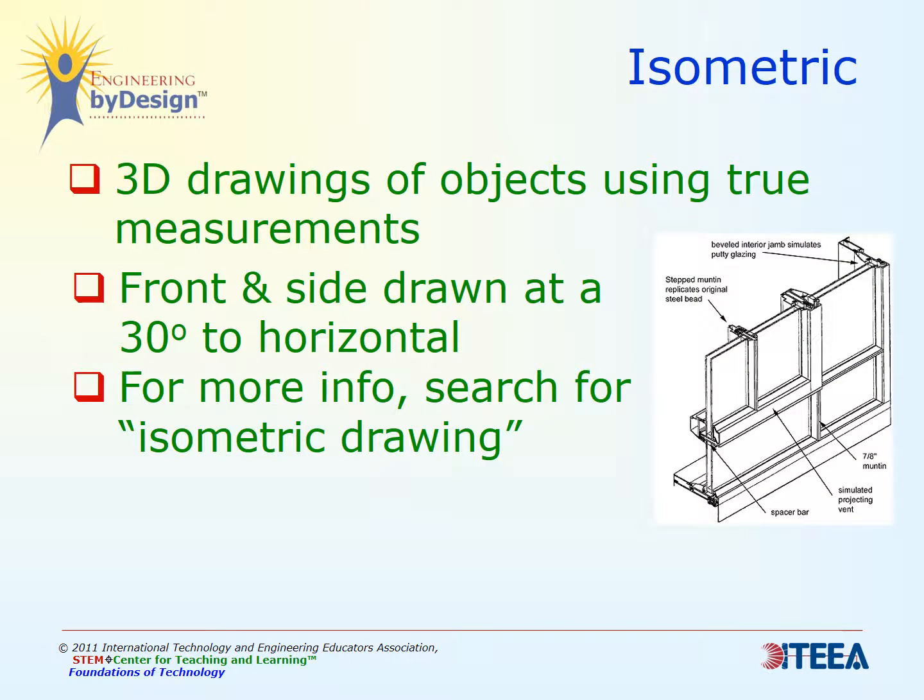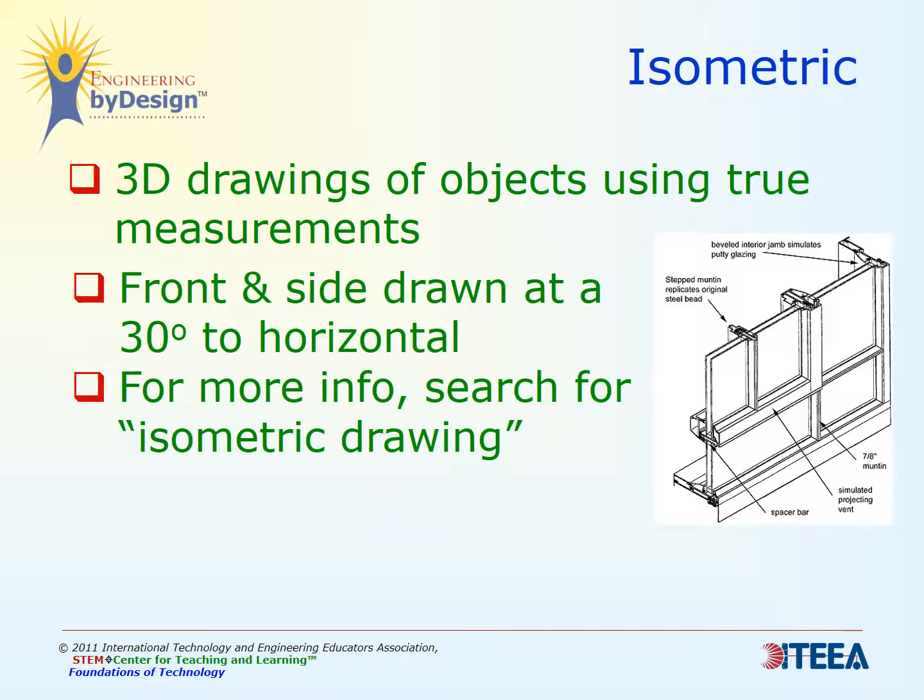Isometric. Now you have 3D drawing of objects using true measurements. So you see the design we have here on the side? It's a bevel interior jambs. That's showing where you'd have putty. You have step Newton. Replicates your original steel beams.